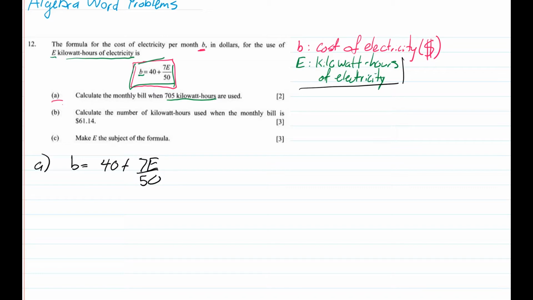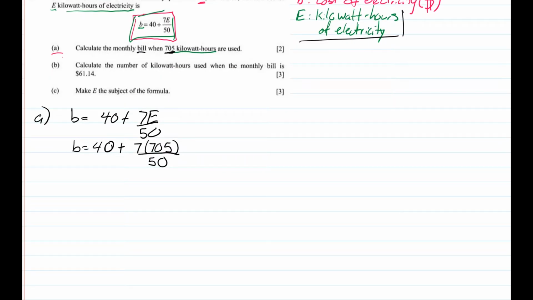Here they say it's 705 kilowatt hours being used, and we need to find the bill. So B is equal to 40, and wherever we see an E, we substitute in 705. So I do 7 multiplied by 705, and then that entire thing divided by 50, right?